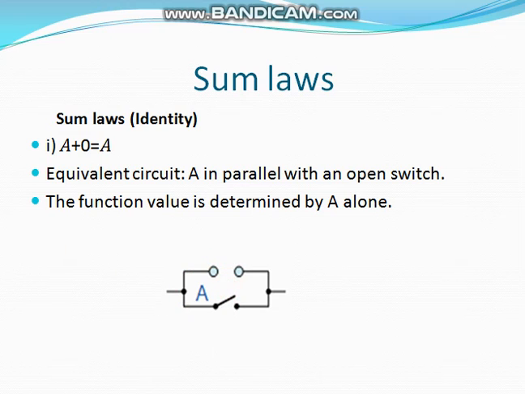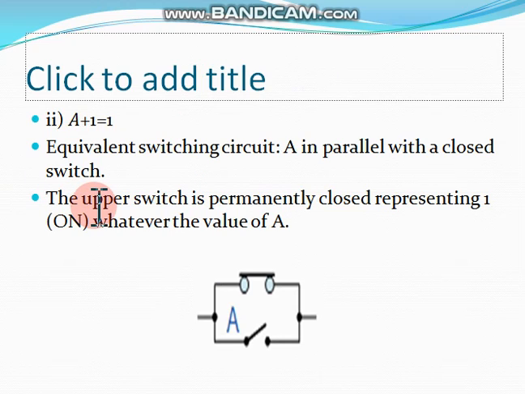Okay, then we have the law that a variable that is ORed with a 1 is equal to 1, the null law. So the equivalent switching circuit is in parallel with a closed switch, the upper switch is permanently closed. That's why we have a 1 there.